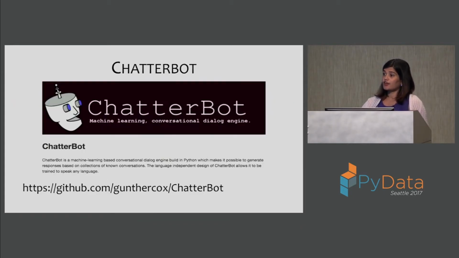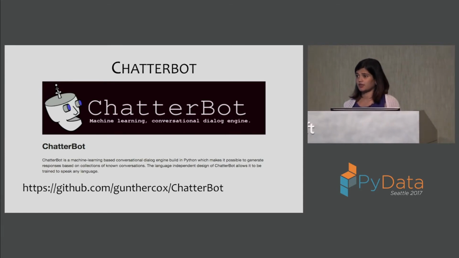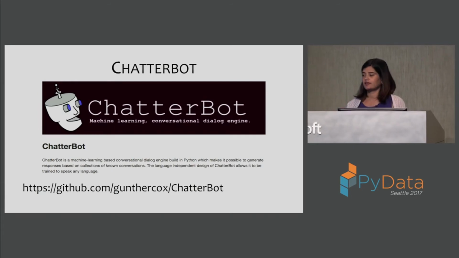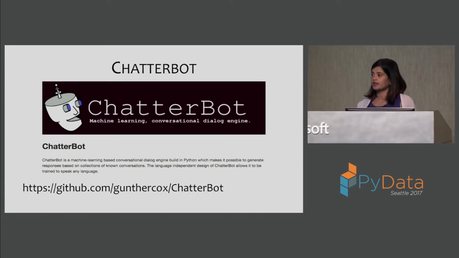Chatterbot is a free-to-use API on GitHub, and it is trained on lots of different conversations. If person A says something, person B says something else. So if he says hi, it replies with hello. If you say howdy, it replies with maybe howdy or something else that's more appropriate to howdy.